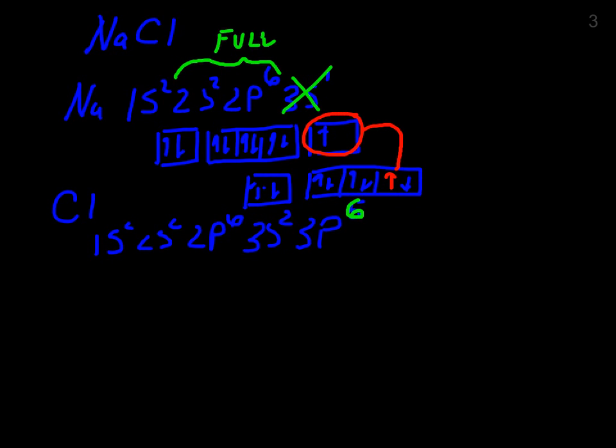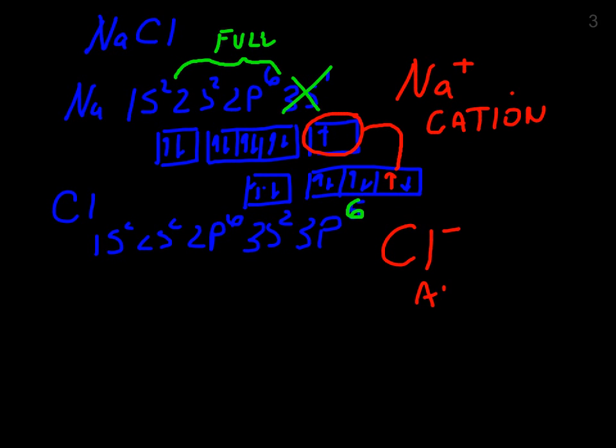When the sodium lost an electron, it became a sodium ion. When the chlorine gained an electron, it became a chloride ion. The sodium ion is called a cation, and the chloride ion is called an anion. Okay?